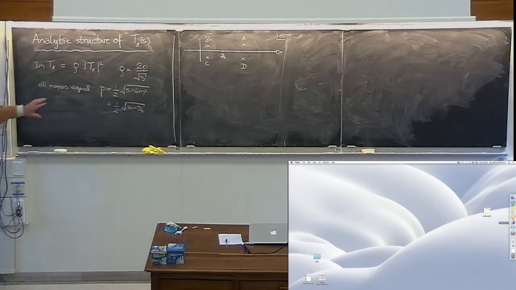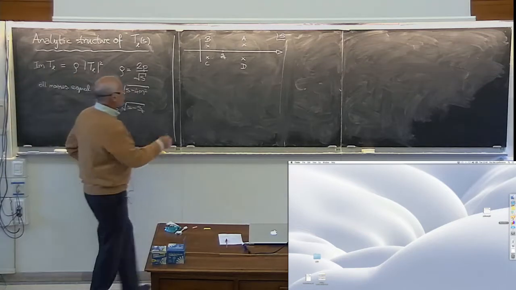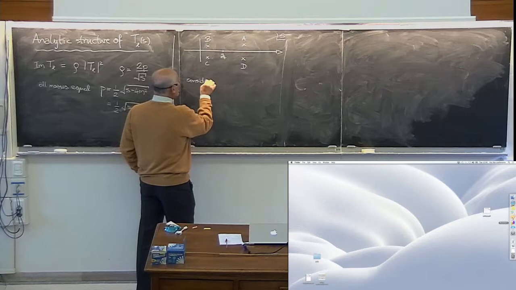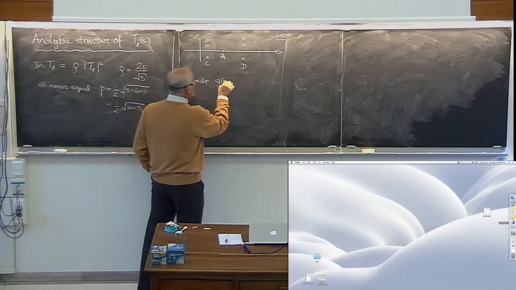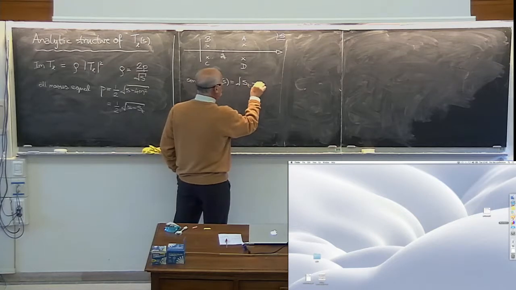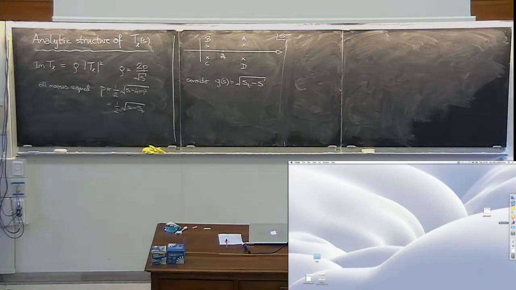And because this is a slightly complicated function, we're going to consider a simpler function. Consider a function g of s, which is equal to the square root of s_t minus s. Why we do that will become clear.